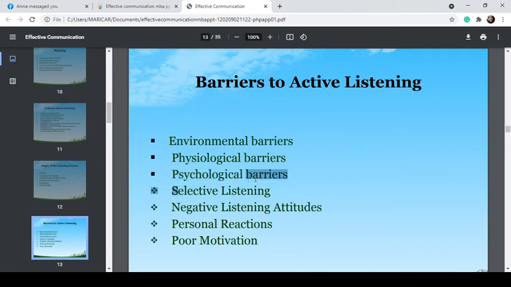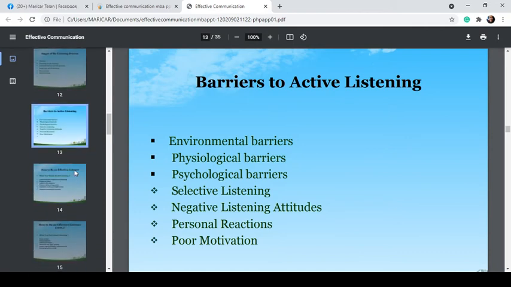Selective listening, o sineselect mo lang kung ano yung mga words na gusto mong pakinggan. Negative listening attitude, doon ka lang sa mga negative side na nakikinig. May mga ganun yung utak natin eh. Personal reactions and poor motivations. These are the following barriers of active listening.